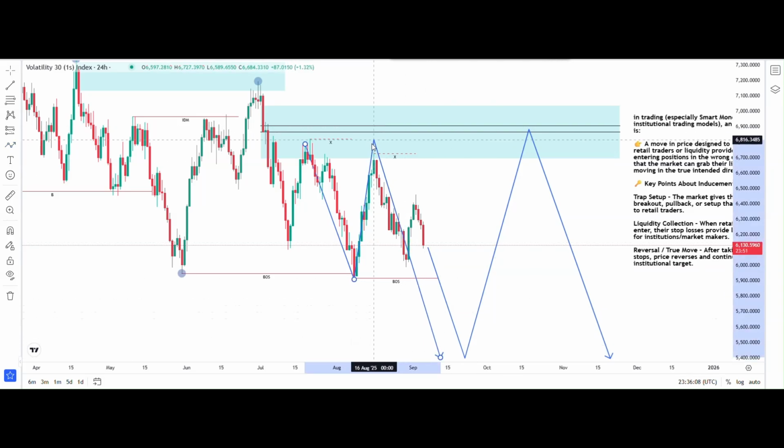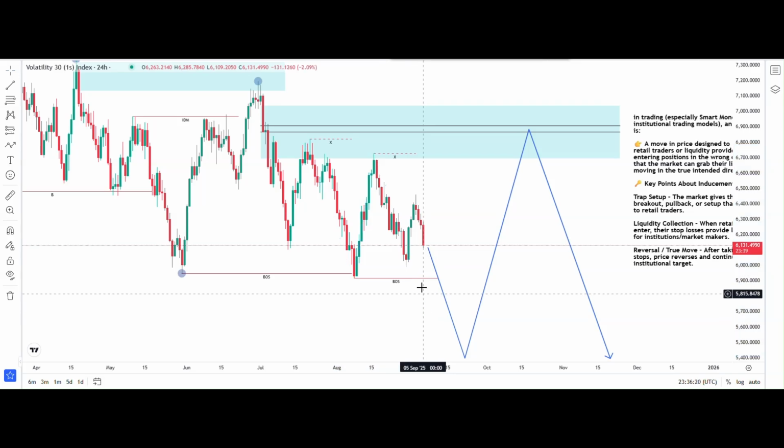What we got instead was a break of this low, a pullback, and we're now going to get a next break. So what that means is that we have two areas: this inducement that wasn't swept, which is liquidity also, and this high that was not swept, which is also liquidity.